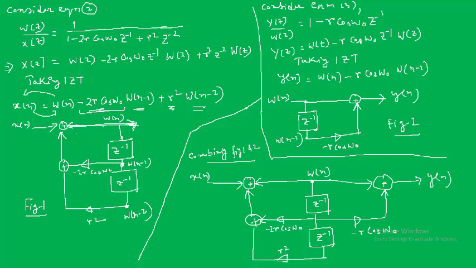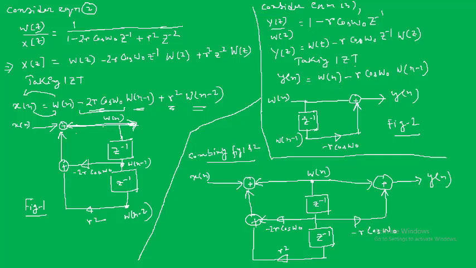Okay, and then the second equation, y of z by w of z, is equal to 1 minus r cos omega naught z inverse. So we have only one delay element here, or delay value z inverse. By taking the inverse z transform, we represent y of n as a function of w of n and w of n minus 1.